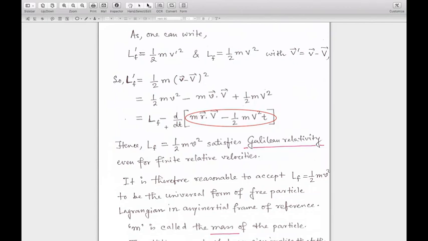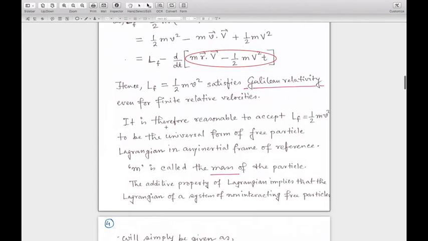So we are done. So basically, whether there is an infinitesimal relative velocity or a finite relative velocity between two inertial frames of reference, they will always give you the same laws of motion if we take the form of this free particle Lagrangian as half m v square, where v is the velocity of the particle in that reference frame.